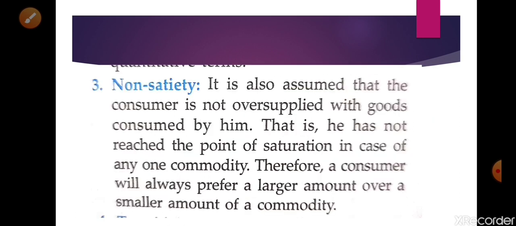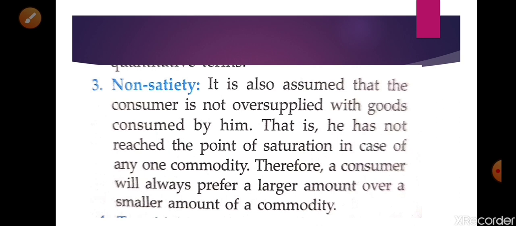Next, no satiety. We assume that the consumer is not oversupplied with the goods consumed by him, meaning he has not reached the point of saturation, he is not satisfied.